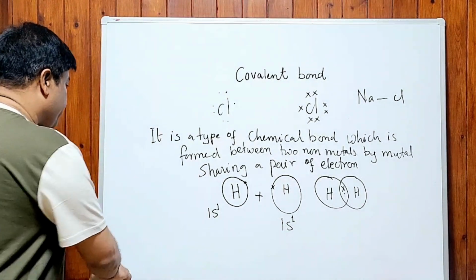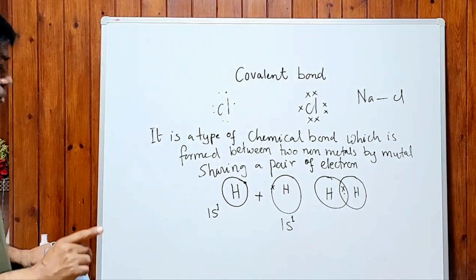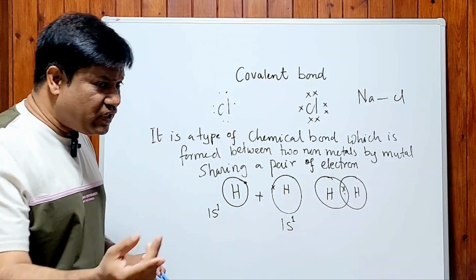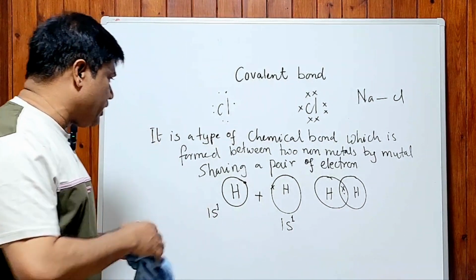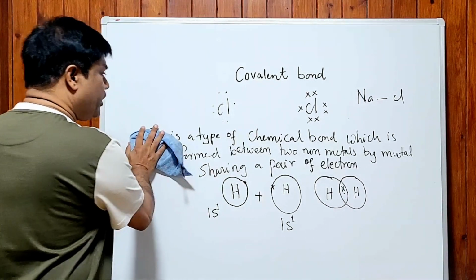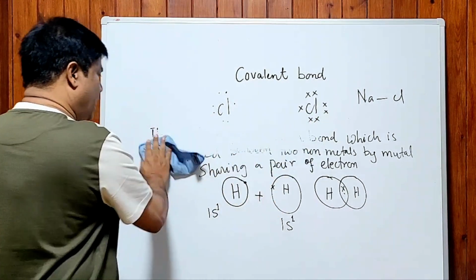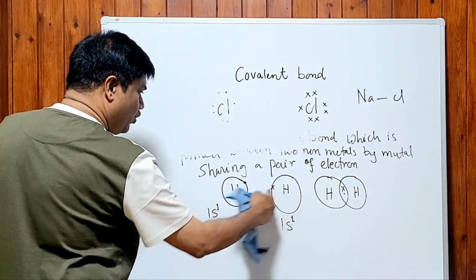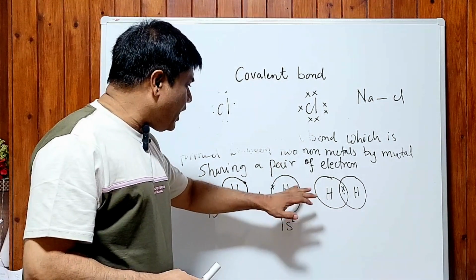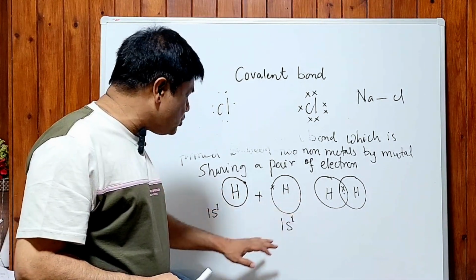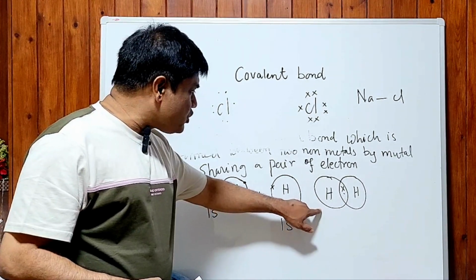Okay, now a covalent bond can be a single covalent bond, a double covalent bond, or a triple covalent bond. Now I will give you the example of a double covalent bond. This is a single covalent bond. Sir, you told me they have 8 electrons in the outermost shell, but look at the hydrogen, it has only 2.